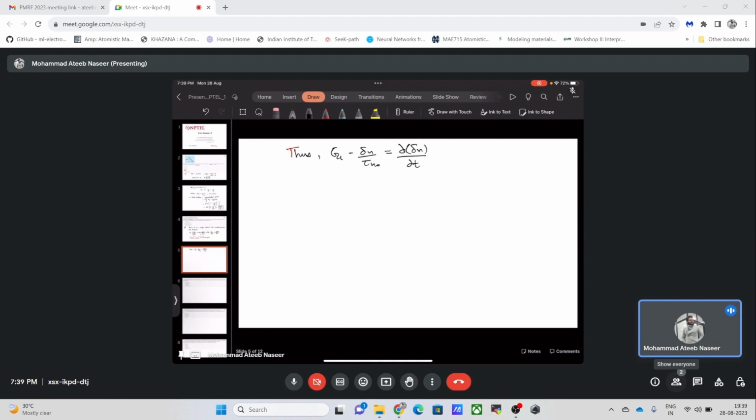As we have seen in our mathematical courses, this is just a linear differential equation, and we need to solve it. Let's represent this in a more familiar form: d delta n by dt plus delta n by tau n naught is equal to GL.